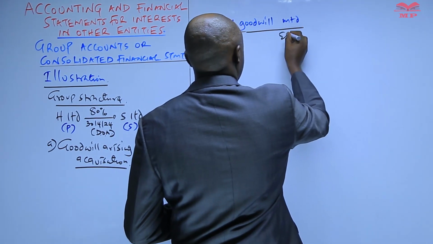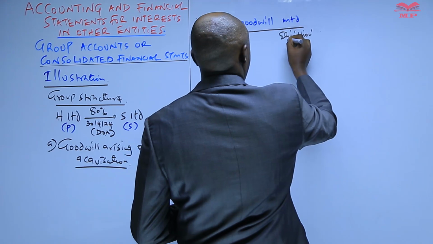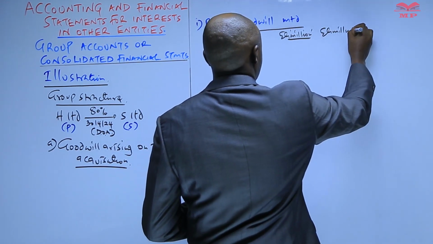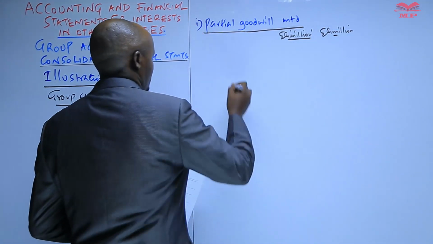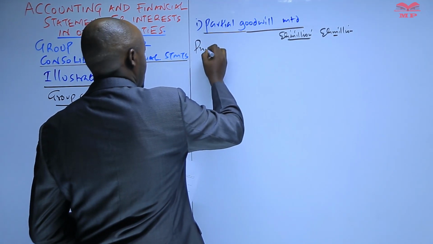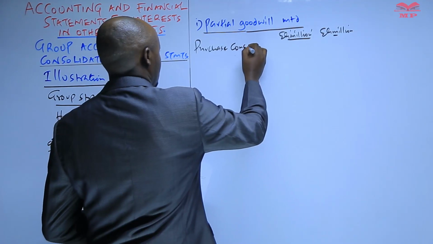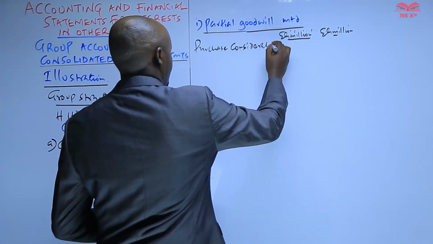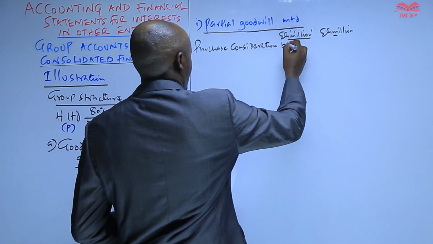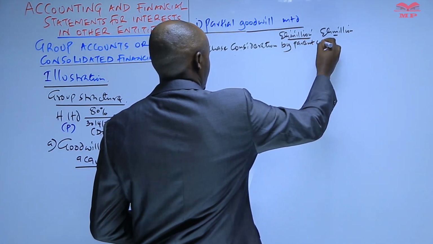two columns here, and also the figures which we are given there are in millions of shillings. So always we start with the purchase consideration paid by the parent company.